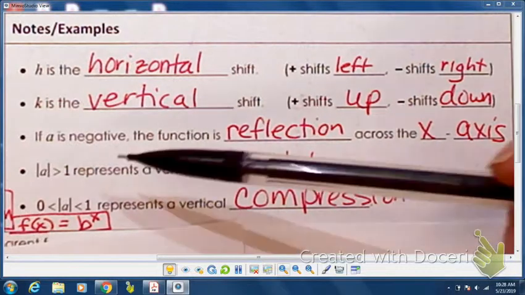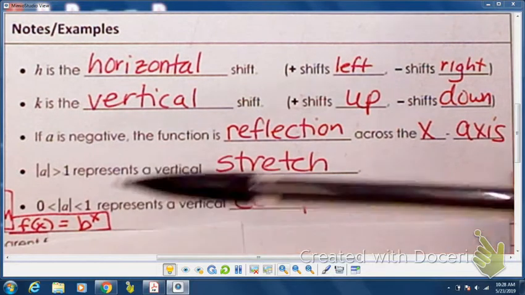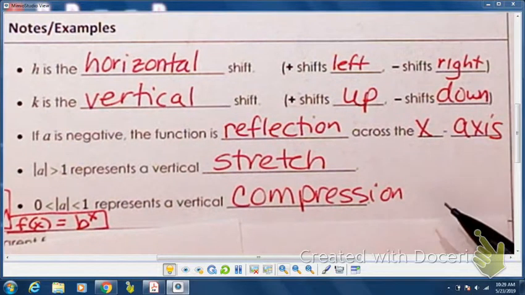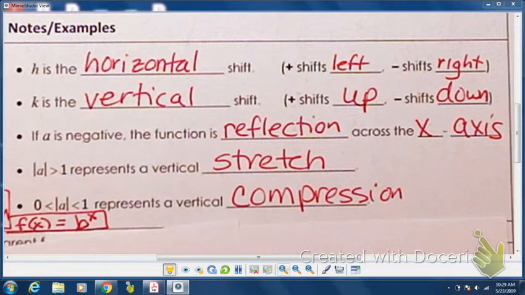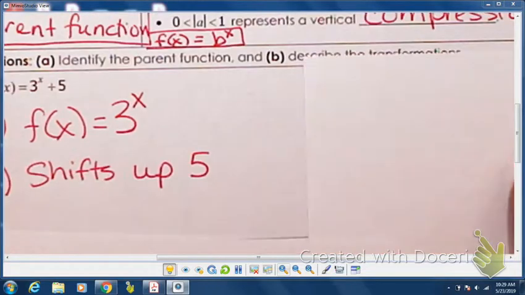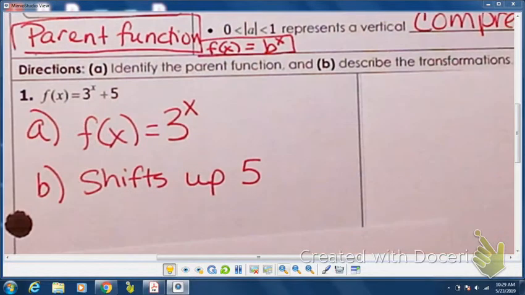Notice we have greater than 1 and we have less than 1. If A is equal to 1, then that doesn't change anything unless it's negative. So it doesn't change the shape of it at all if it's 1, other than the reflection piece.